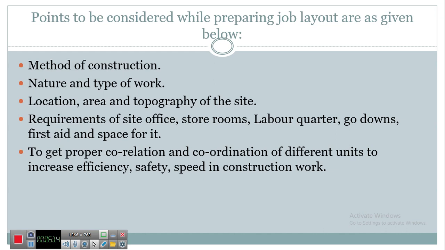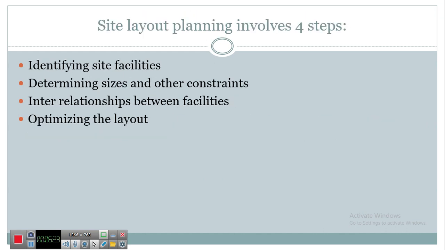Clear? Now, while we do site layout or job layout, it involves some steps that we are going to learn. Site layout planning normally involves four steps. First is identifying site facilities. What are the facilities available at site? That we have to identify first. Then determining sizes and other constraints. For example, if we have to create a storeroom, then we have to determine what size of storeroom we need, or if any other constraint is there, that also we have to identify.